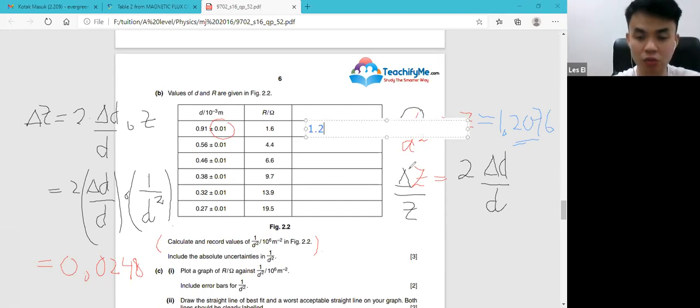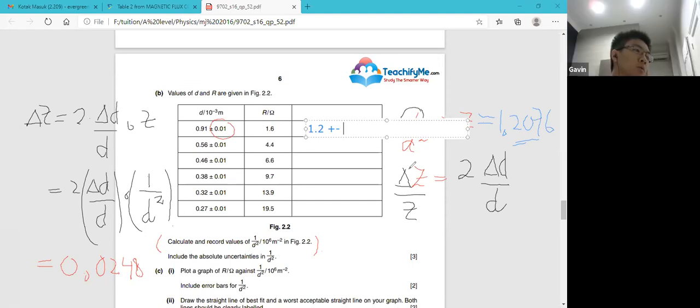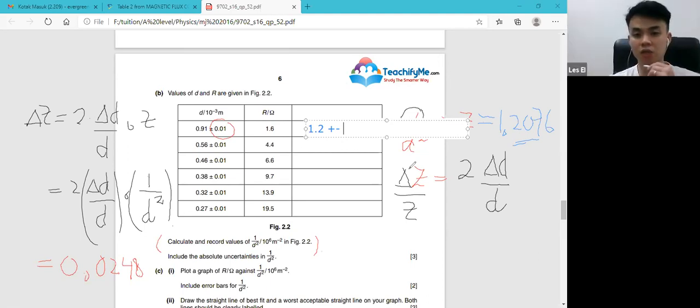So 1.2 plus minus. If you write it as 1.2, how many decimal places do you have there? Wait, sir, how do you get the 1.2? Oh, because the 1 over d squared just now is 1.2076, right?